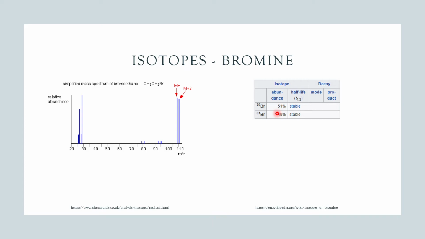At this point, you might be asking, well, hang on a minute, why don't we see lots of different peaks for carbon and hydrogen as well? They have isotopes too. And while that's completely true, the ratio of, say, carbon 12 to carbon 13 and 14 is extremely favored for carbon 12.